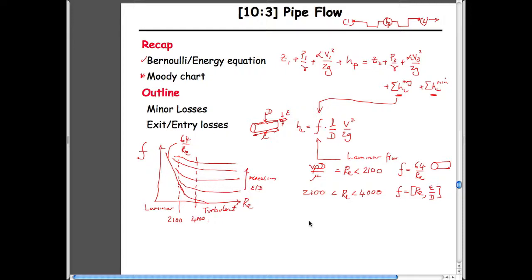Once you get in this fully turbulent regime, so for Reynolds numbers, say, greater than 4000, then the friction factor is kind of a function of Reynolds number because you have to get beyond that threshold. But once you're beyond that threshold, it's only a function of the roughness, right?